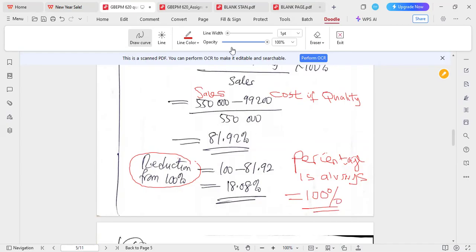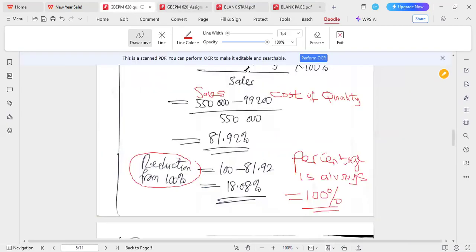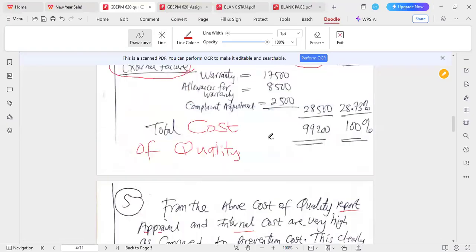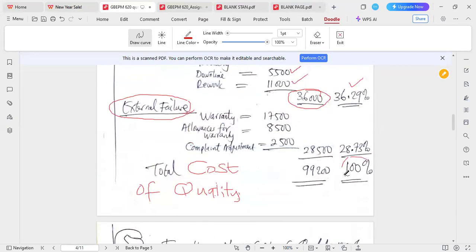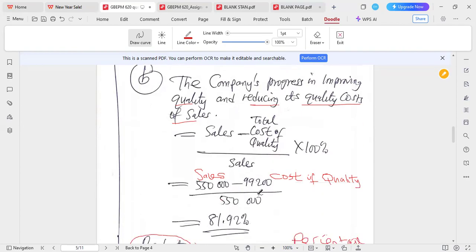Okay. As we calculated this one, the percentage was 100% from here. So now you are simply saying the company's progress in improving quality and reducing its quality costs of sales.